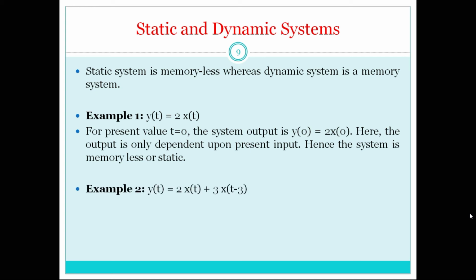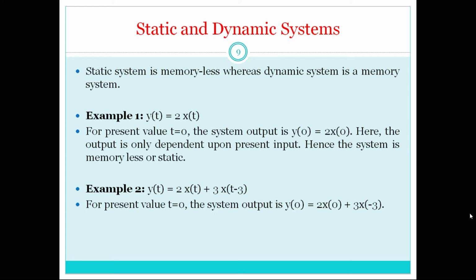So this is the example, y of t equal to 2x of t plus 3x of t minus 3. So the current value of y depends upon the previous value of the input. That means x of t minus 3 is the previous value of the input. So to make that we need to save, we should have memory. So for present value of t equal to 0, the system output y of 0 will give you x of minus 3.